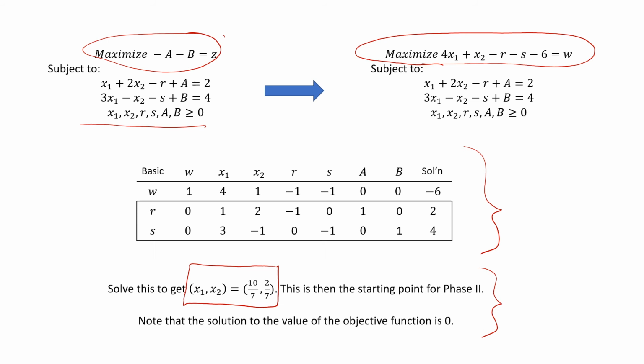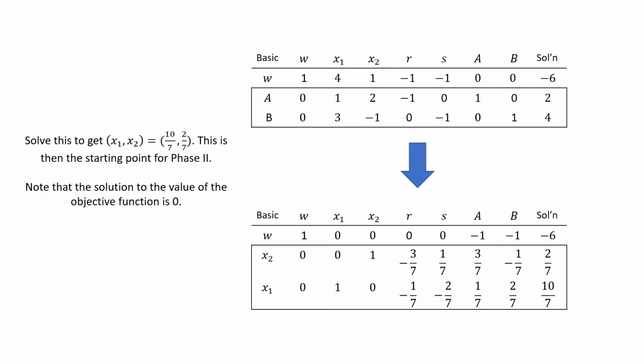So this is the end of phase 1. What is this? This is a feasible point where A and B equal 0, and it's a place to start your simplex method. Note that at this point, the solution of the objective function is 0 when you solve it out.